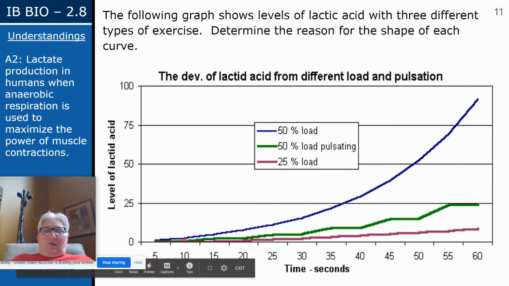This graph gives you an idea of, here's a person with a 50% lactic acid load. You can see over time that load goes up. 50% pulsating load and our 25% load.